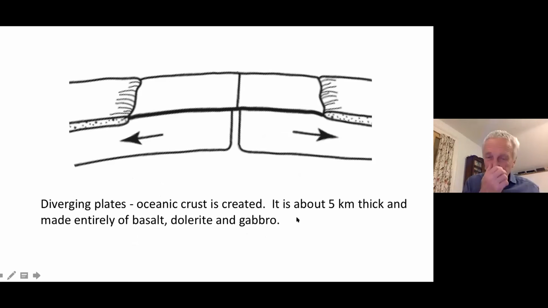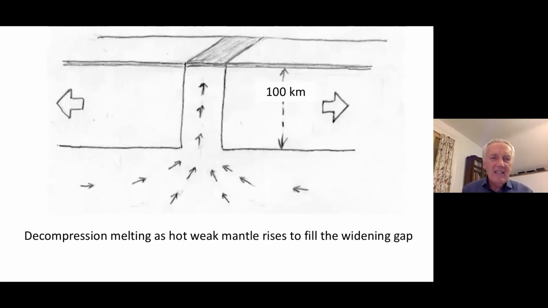And I mentioned this formation of basalt last week in the context of this diagram: decompression melting. Hot, weak mantle from beneath the lithosphere rises to fill this widening gap. And as it rises, loses pressure, it crosses over that sloping line where melting begins.